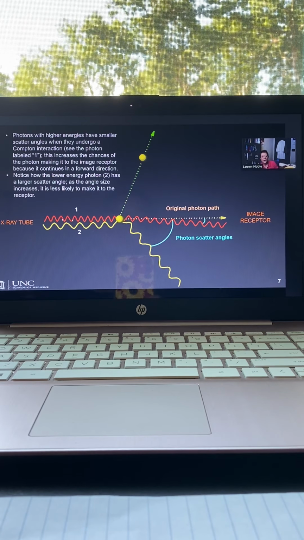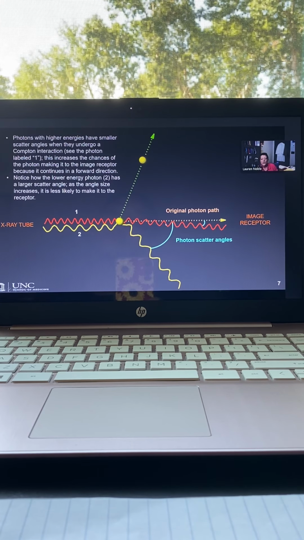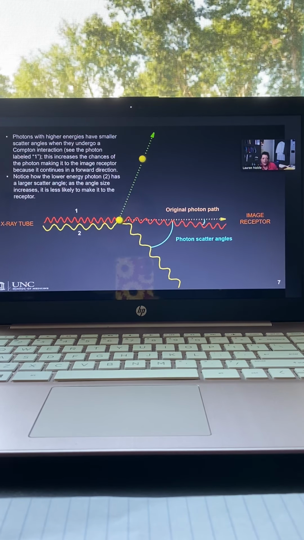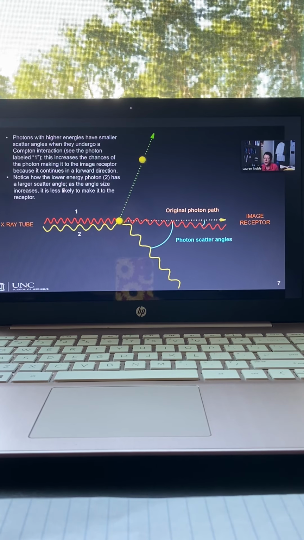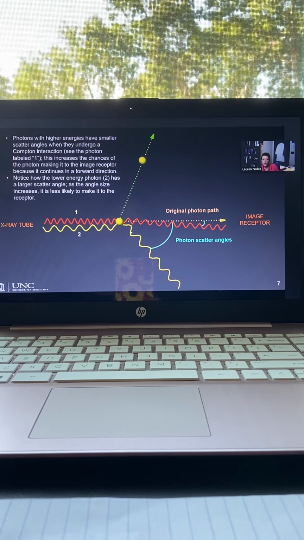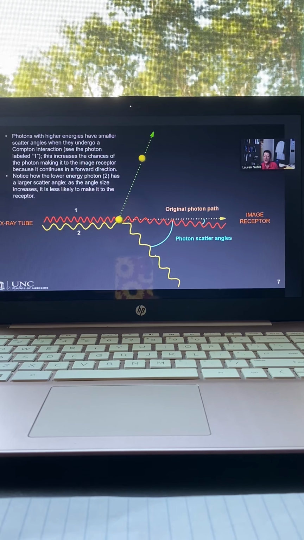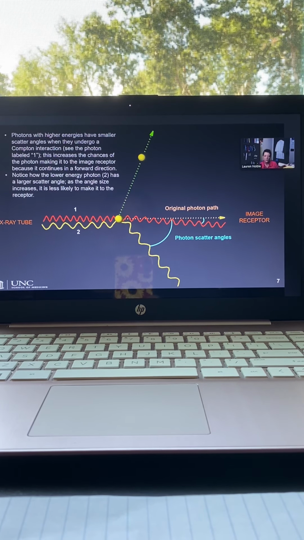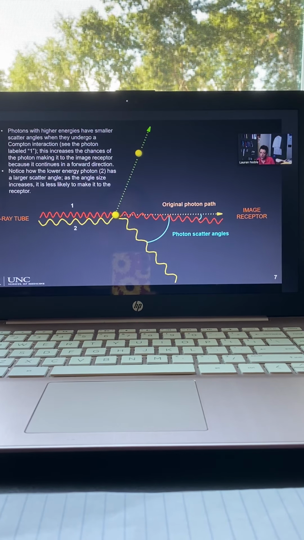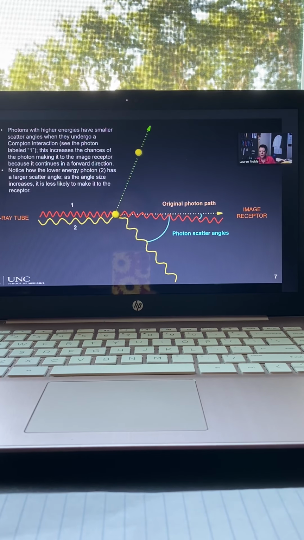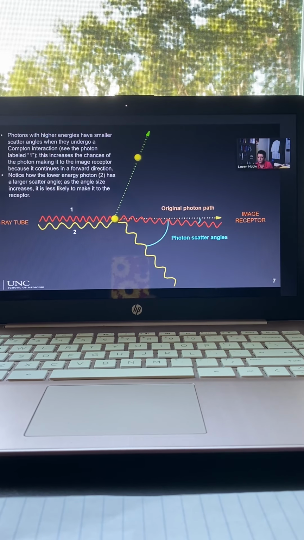So higher energy photons have what we call a small scatter angle, meaning they are more likely to keep that forward direction towards the image receptor. Whereas this photon here that has lower energy has a larger scatter angle, meaning that photon is more likely to miss the image receptor. In fact, that photon might actually come out of the side of the patient, so it doesn't continue that straight path down towards the image receptor. Does that make sense? Okay.